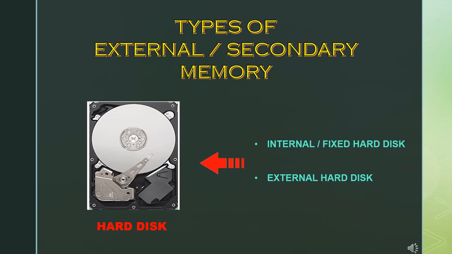The internal hard disk is fixed inside the CPU, whereas the external hard disk is attached to the CPU through a USB cable, is smaller than the internal hard disk, and can be carried anywhere easily. The hard disk can store up to 8 terabytes of data.